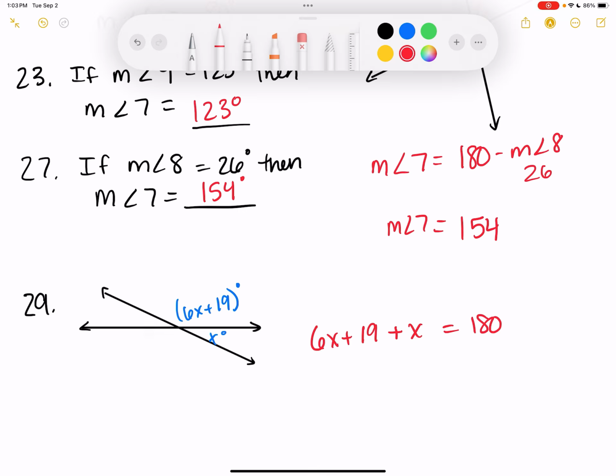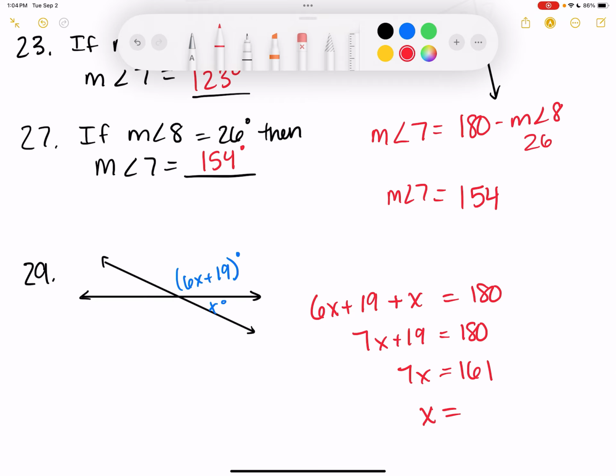Then I combine like terms: 7x plus 19 equals 180. Subtract 19, 7x is equal to 161. Then divide by 7. 23. So x is 23, and that's all they're asking for.